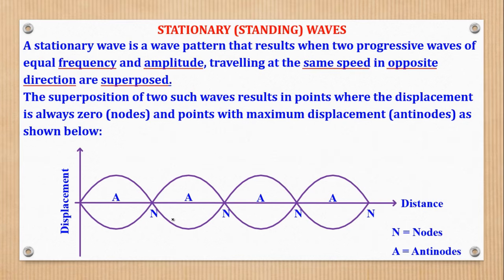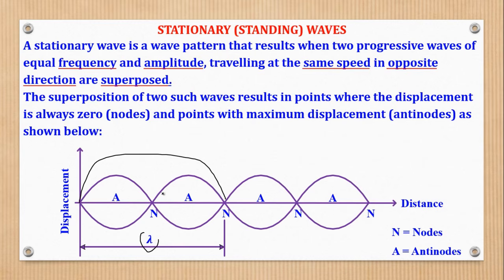So each time you see such a wave, just know it is a stationary wave. And the maximum displacement is the antinode, zero displacement, or this midpoint, is the node. So this will be the wavelength from here up to here.